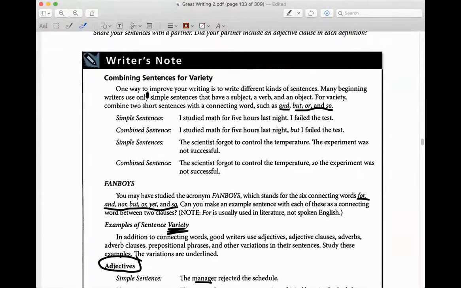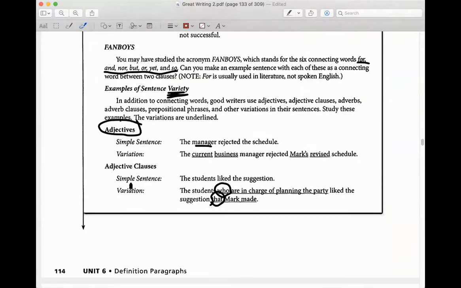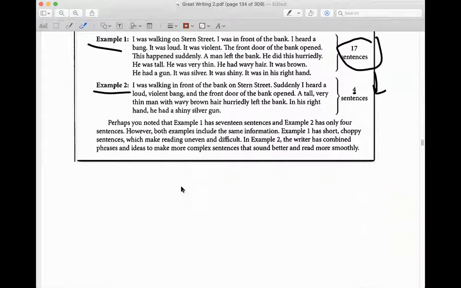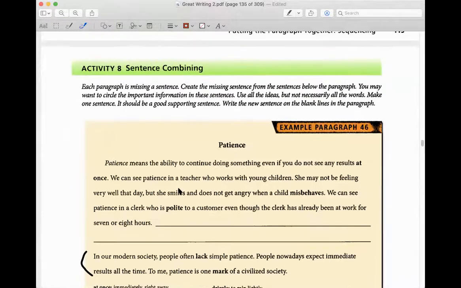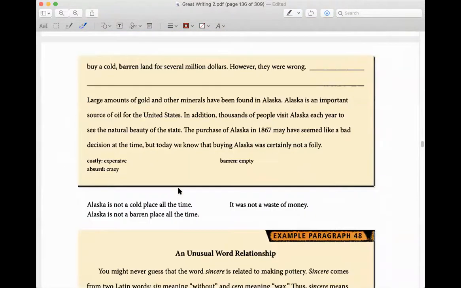And then, of course, combining sentences for variety with and, but, or, and so. So that your sentences are not always super simple, you can make them a little bit more complicated, a little more sophisticated.